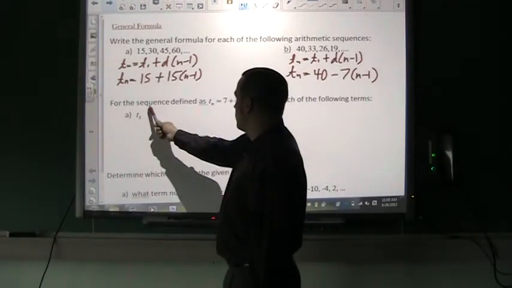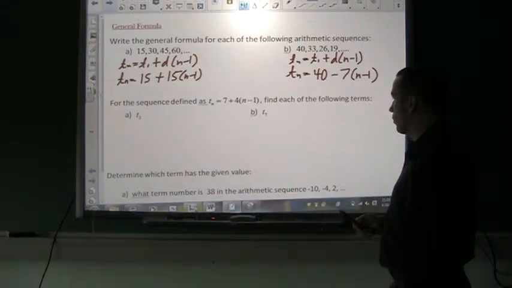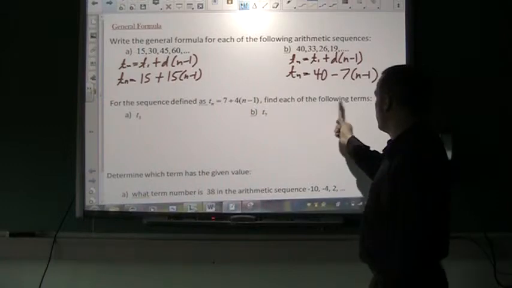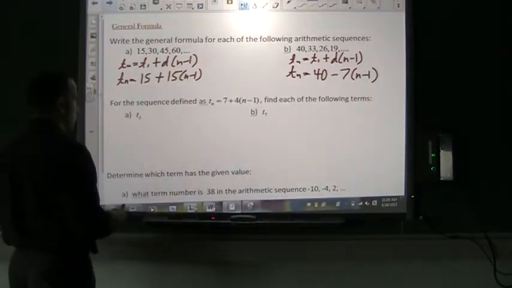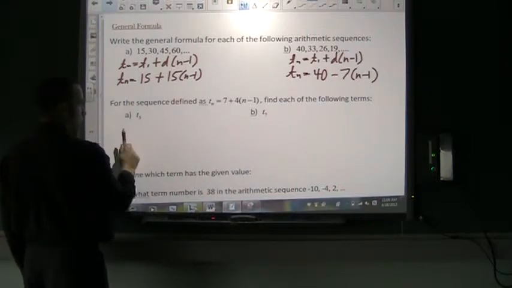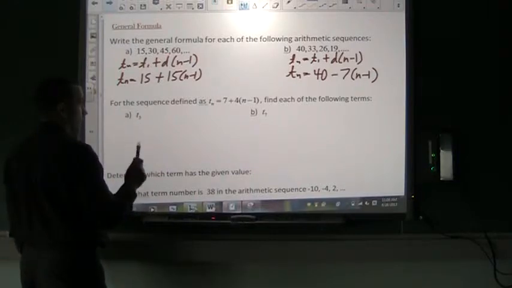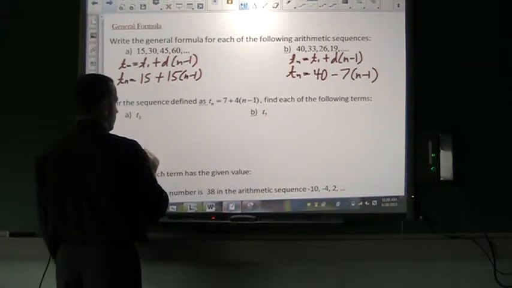This next one, the sequence is defined, okay, and it gives us a defined general sequence. Find each of the following terms. So I want to find the value of the third term. Notice in place of my n, there's now a number 3, telling me I'm finding the third term. Well, my n is 3 in this case, so I'm going to fill in 3 each place that I see n.